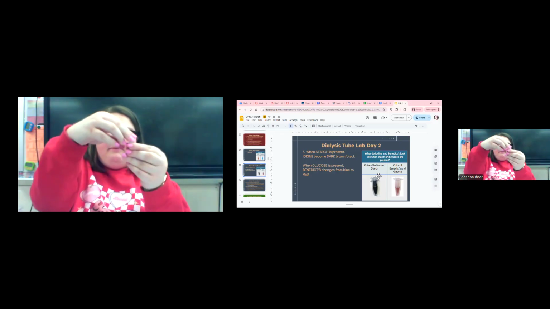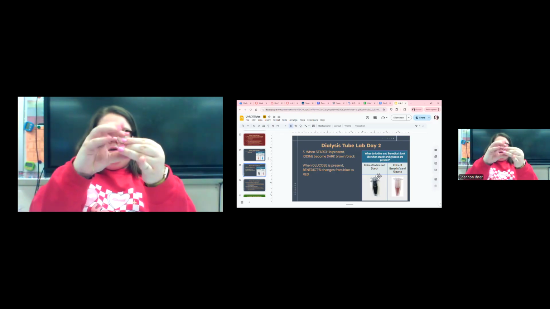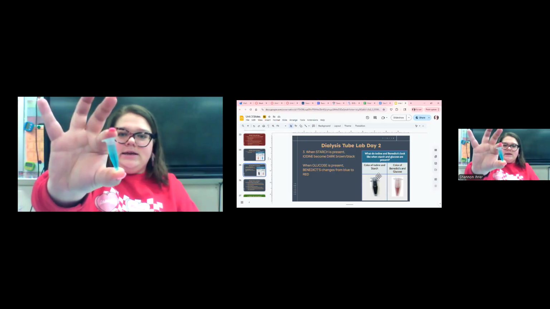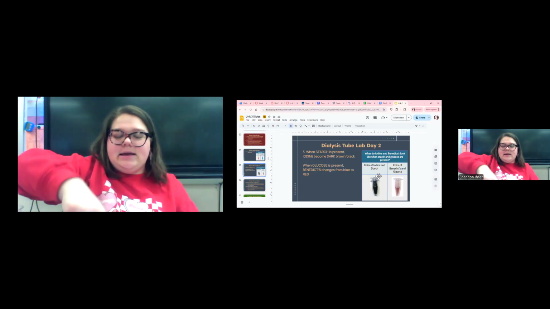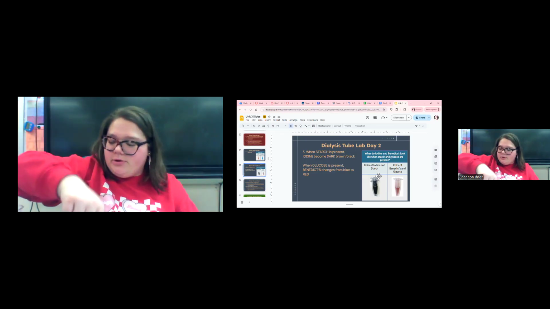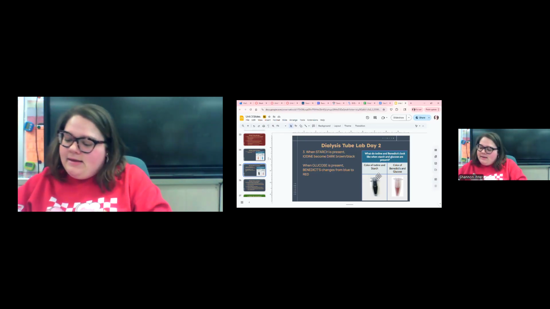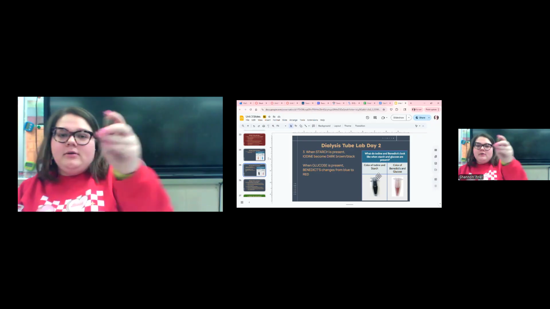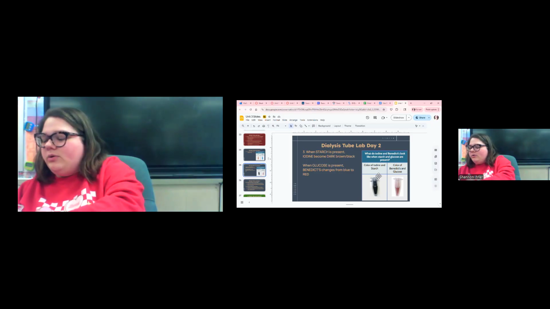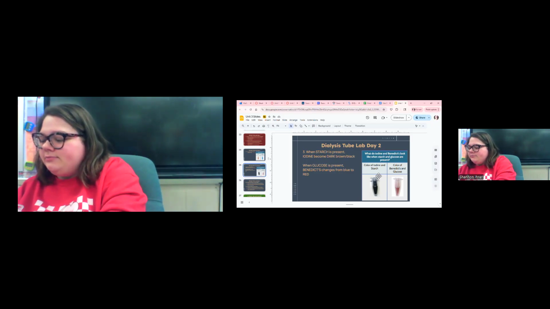Okay. I filled up the tiny tube with the outside liquid and Benedict's, and I'm going to put it into the styrofoam cup. And then I am going to fill up the tiny tube of iodine with the liquid outside.